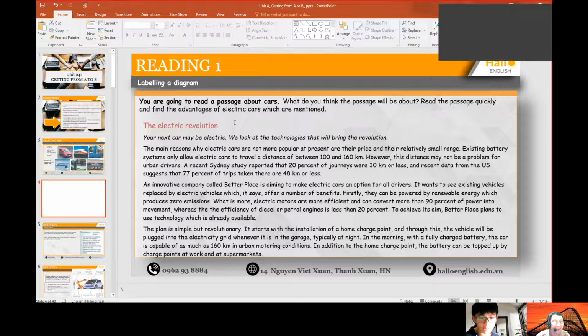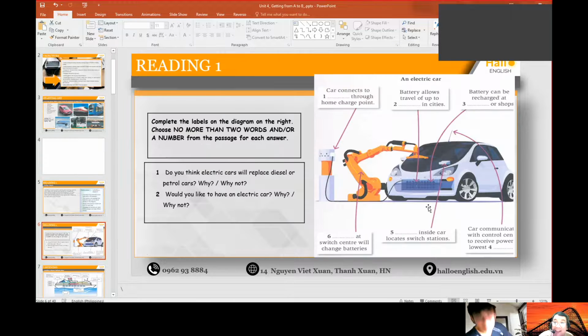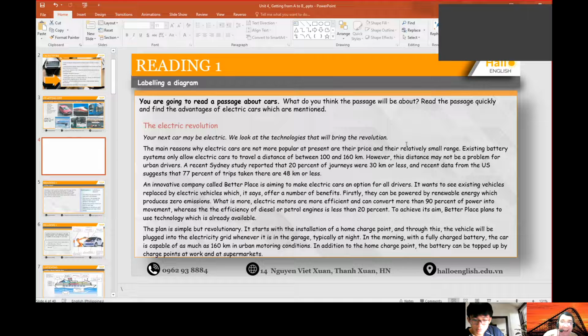An example like this: this is a body of the car, so we can label that one. We can say that the picture of the car is a diagram, and then we label the parts of the car. That would be labeling a diagram.